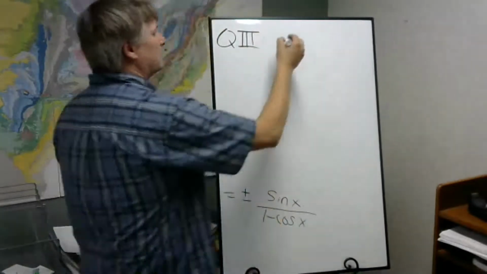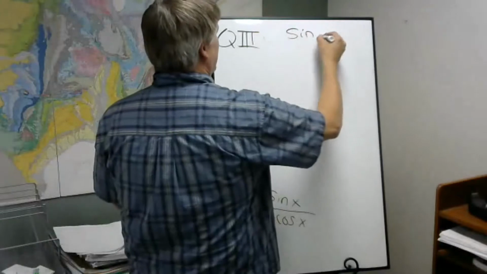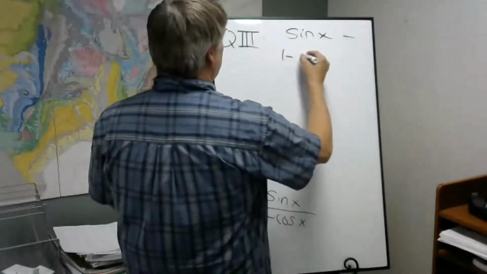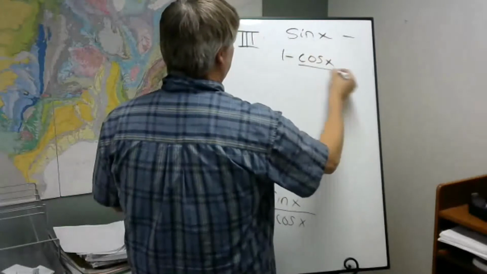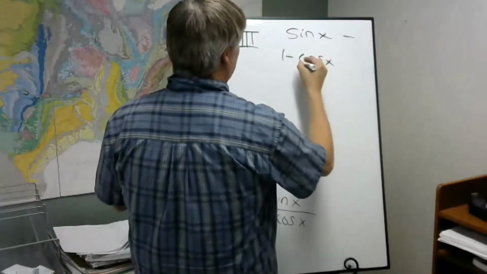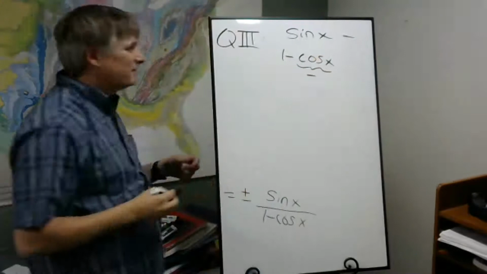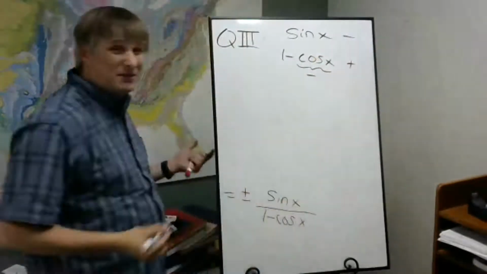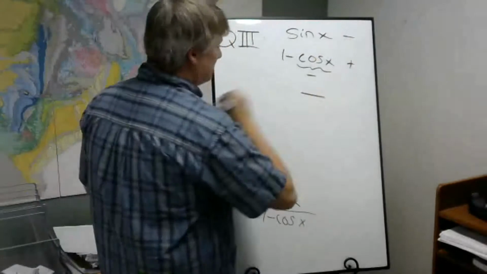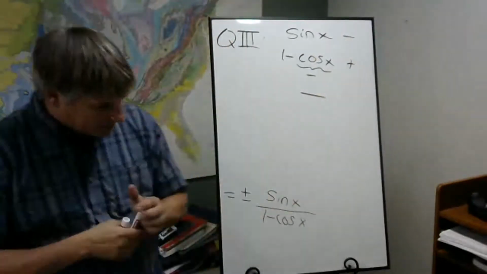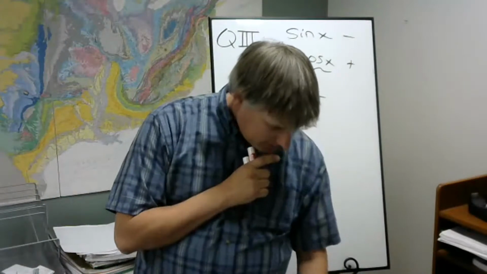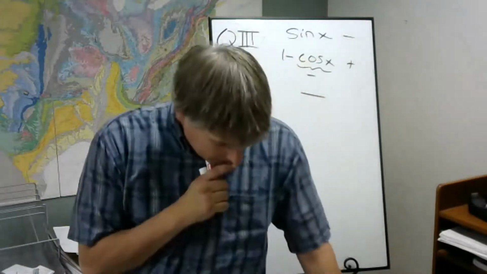In the third quadrant, sine of x is negative. 1 minus cosine x, well, again, cosine is negative, but 1 minus a negative is positive, and negative divided by positive is going to be negative. So taking a look at this, let me see, what should we do with the plus and minus?